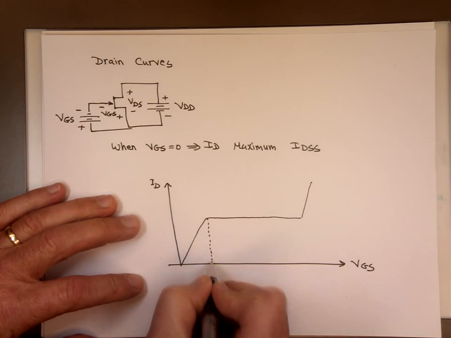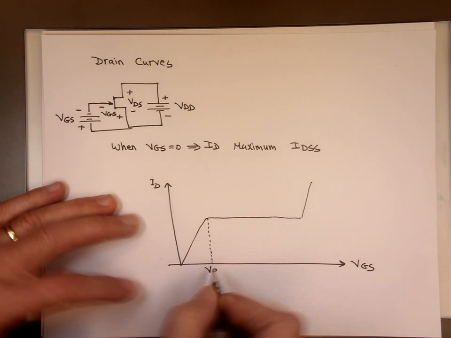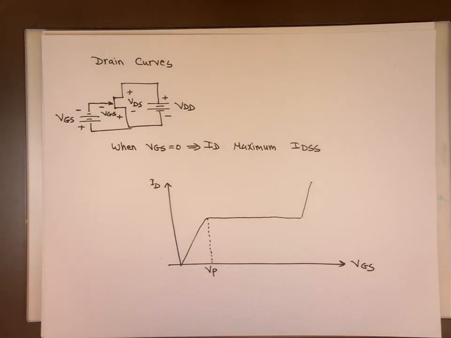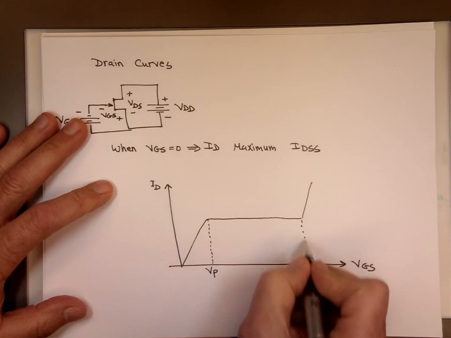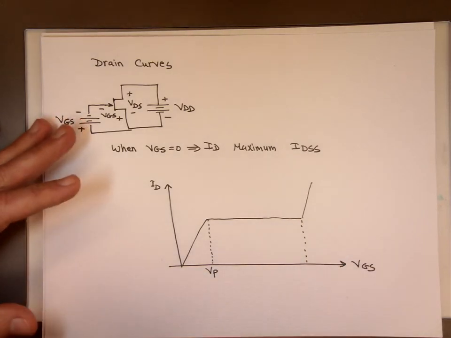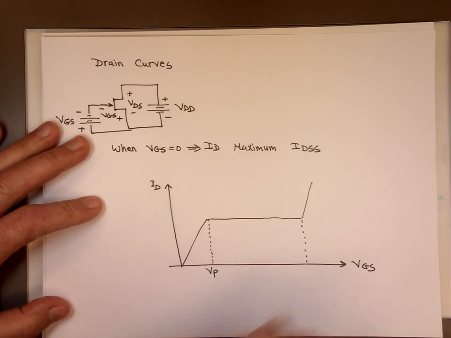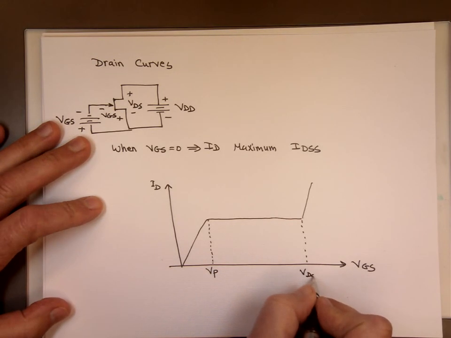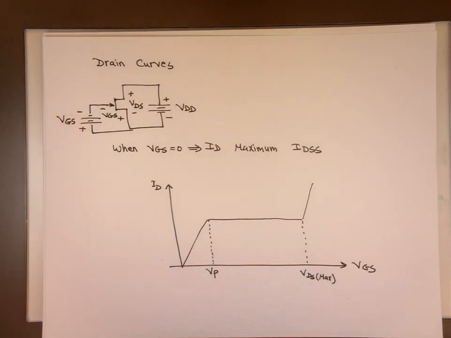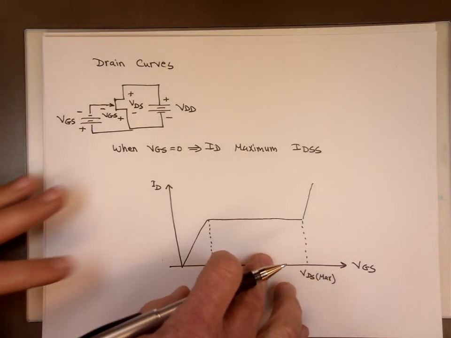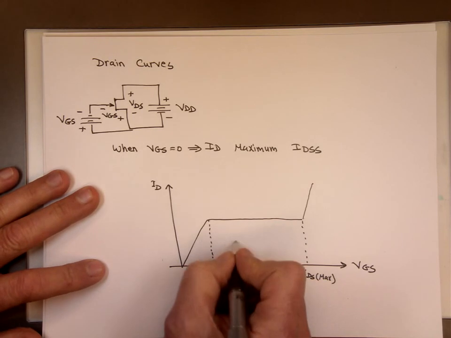I'm going to call this VP. That's the pinch-off voltage. We'll talk about it shortly. This is VDS, the maximum voltage here. And beyond that is the breakdown, when that JFET is in a breakdown mode. This section here is known as the active region.